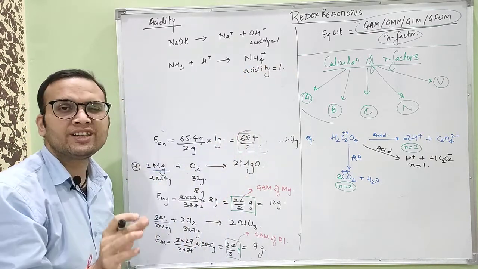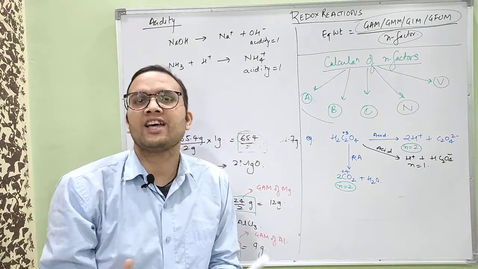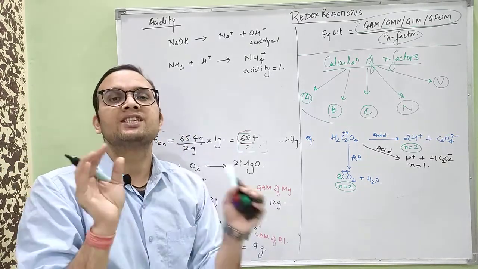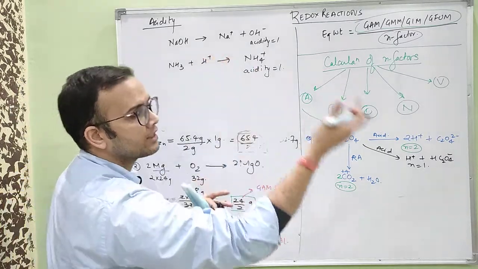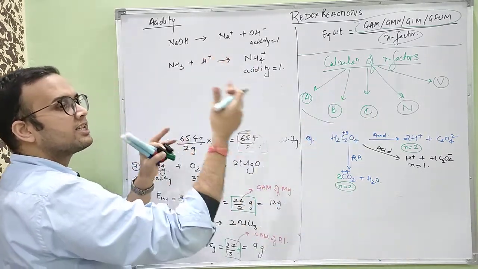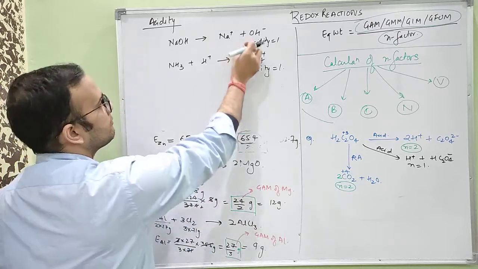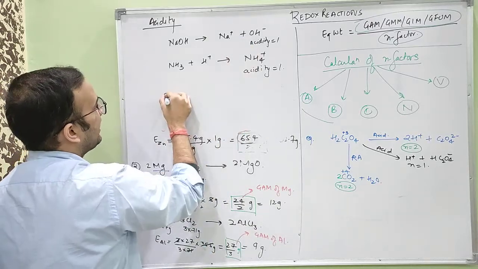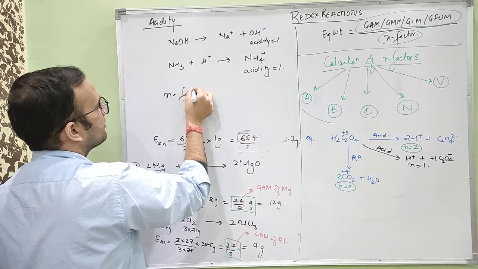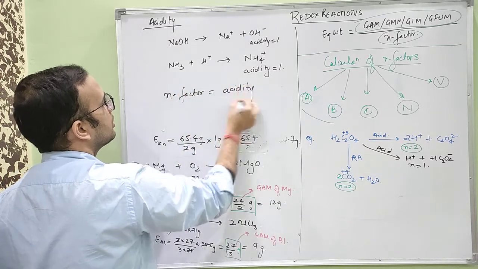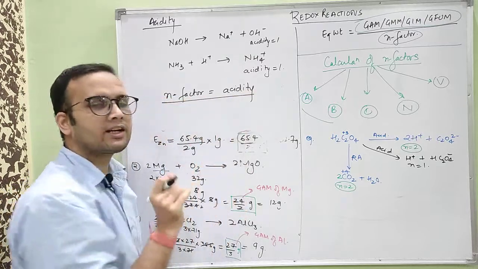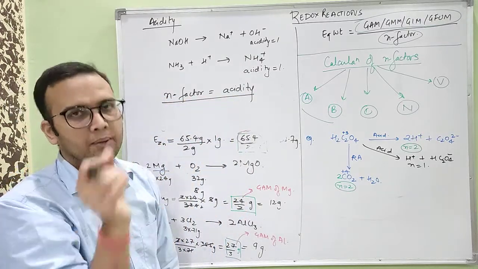It has nothing to do with the acidic strength of an acid or a base. It just has to do with how many OH minus it is giving, or how many H plus ions it is absorbing. Got it? That's the first thing. Second thing, the n factor is equal to acidity for a base. You can write that. N factor is equal to acidity for a base.